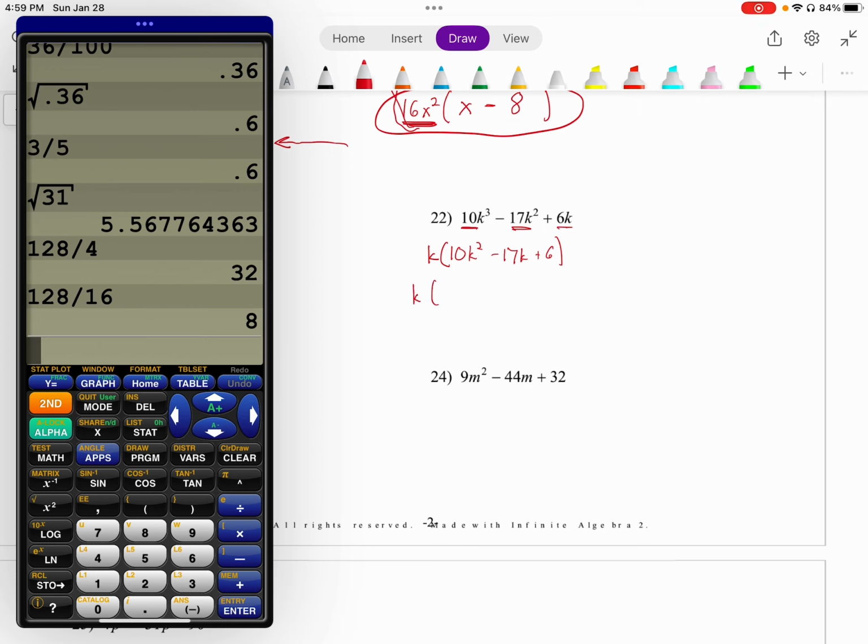This is when we do our two groups of parentheses. And we think, for this part, how can we get a 10k squared? Now this one can be tricky because we can get 10k squared a couple different ways. We can do 2k times 5k. And that definitely gives us 10k squared.